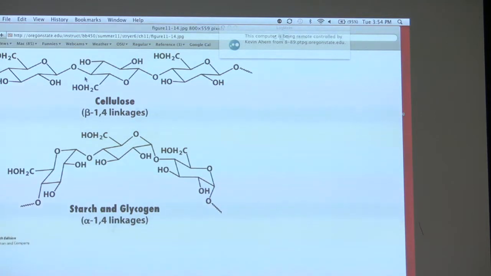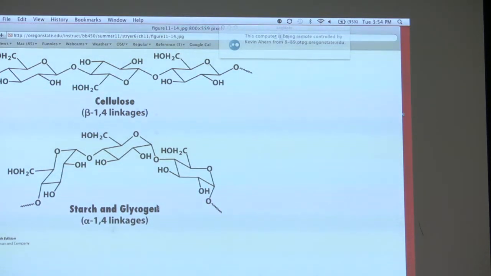Meaning the beta configuration of one glucose is linked to carbon number 4 of the other glucose. That linkage turns out to be very, very critical, and I'll explain why in just a minute. But suffice it to say that chemically it is different from the linkage we see in carbohydrates in our body.